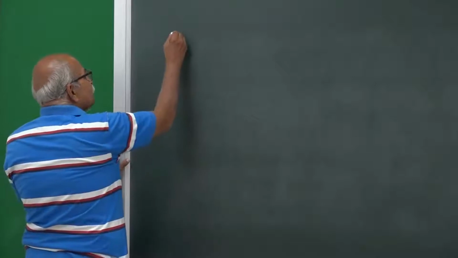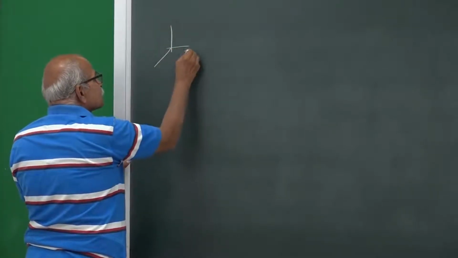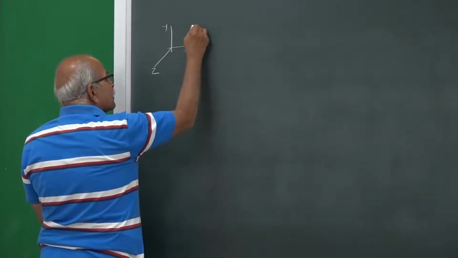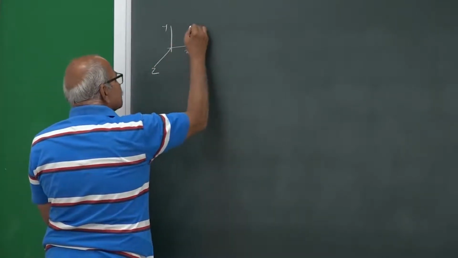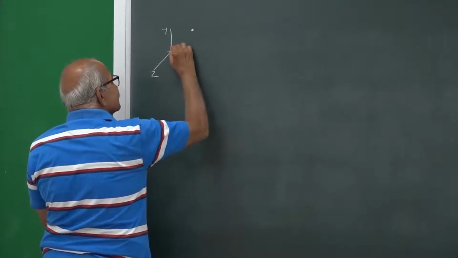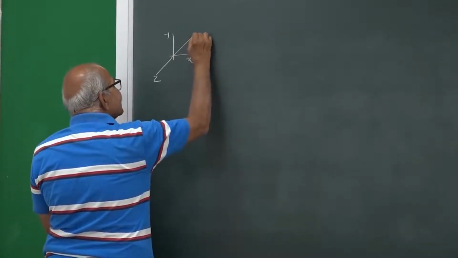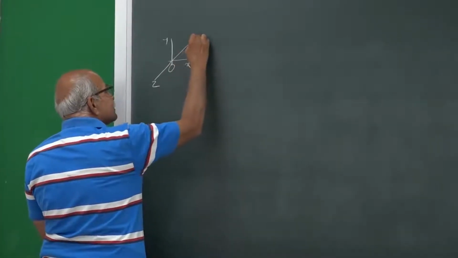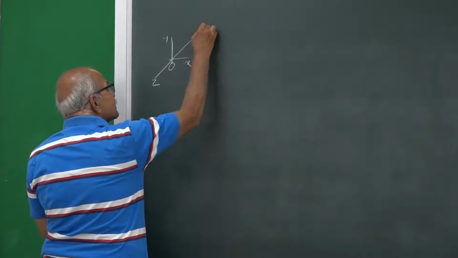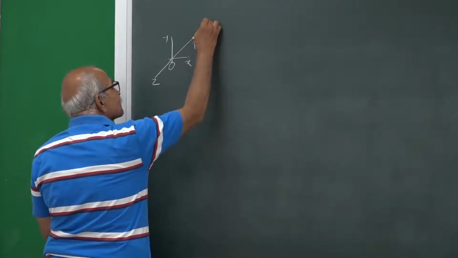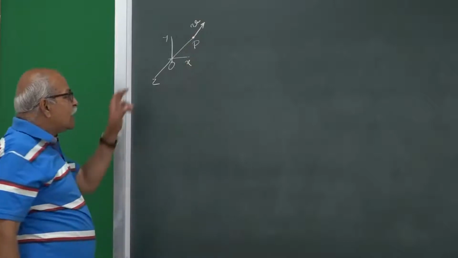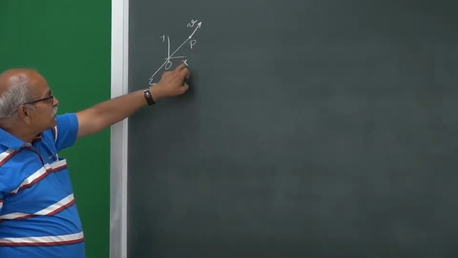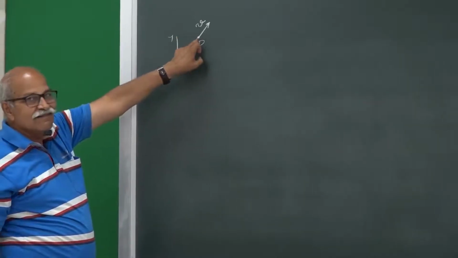So, if you have x, y, z axes, and you have a particle here, and at some time t it is here, this is the radial line OP, and suppose it has a velocity in this direction. The choice of x y axis can be made after I know the velocity of this particle.